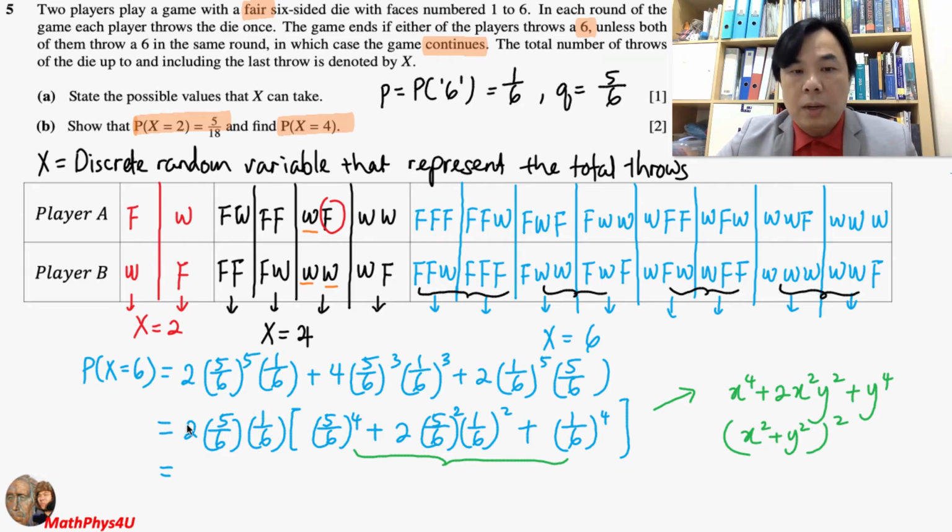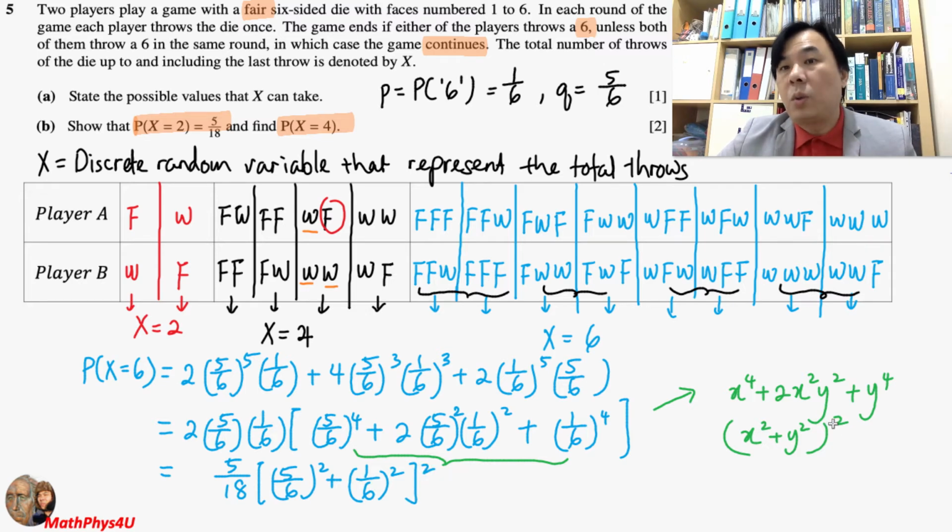Now my outside expressions, of course, I can reduce as 5 over 18 that we have already obtained. The internal expressions would be 5 over 6 squared plus 1 over 6 squared based on this identity here. And then don't forget you have to square this.